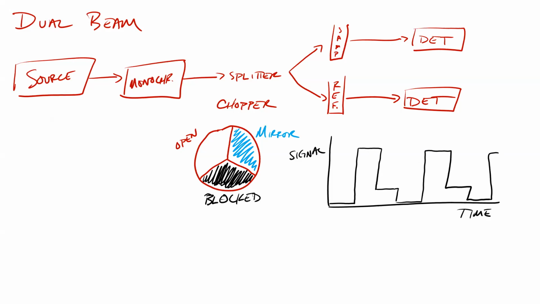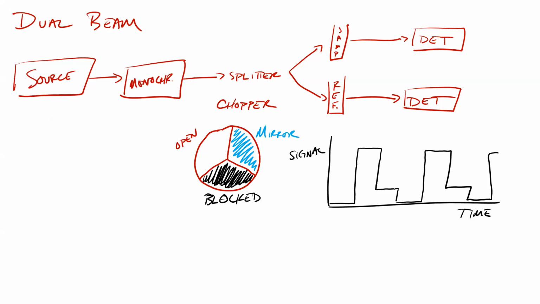And every time you have a turn of this chopper, the computer is doing an automatic background subtraction. And so instead of doing one background and then taking data for 10 minutes, you're taking a background literally, maybe once a second or something, depending on how quickly that chopper turns.